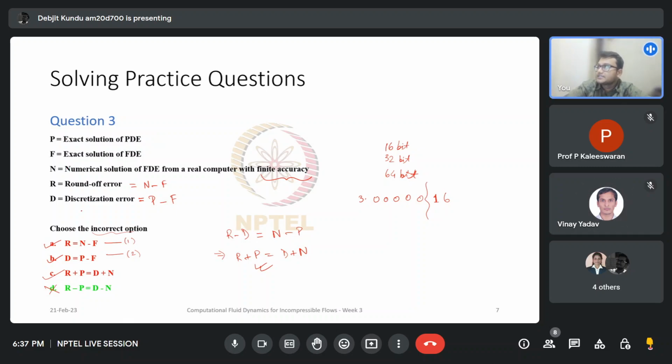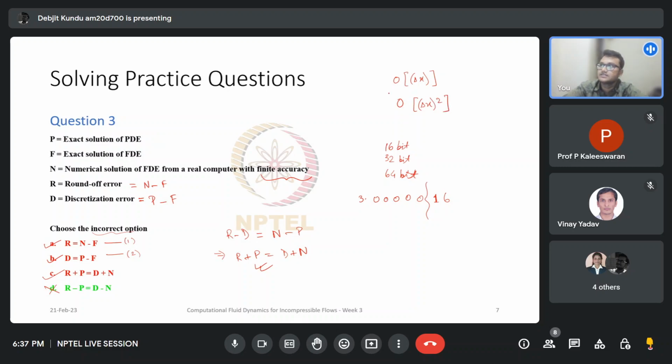As far as your discretization error is concerned, it will go down. That's why we use higher order schemes. Let's say we have a scheme which has an order of accuracy of delta x, and we have another scheme which has delta x square.